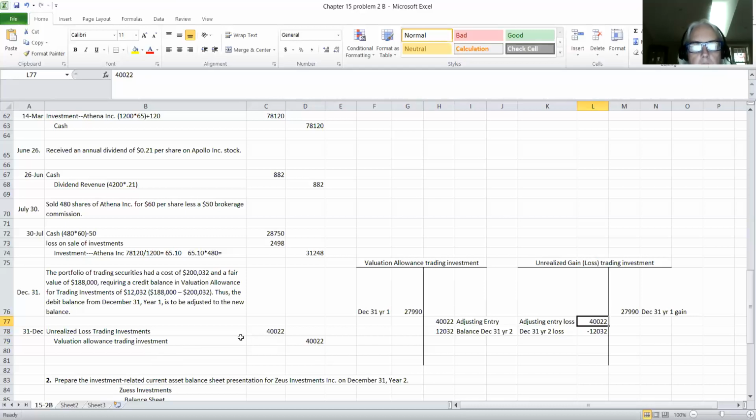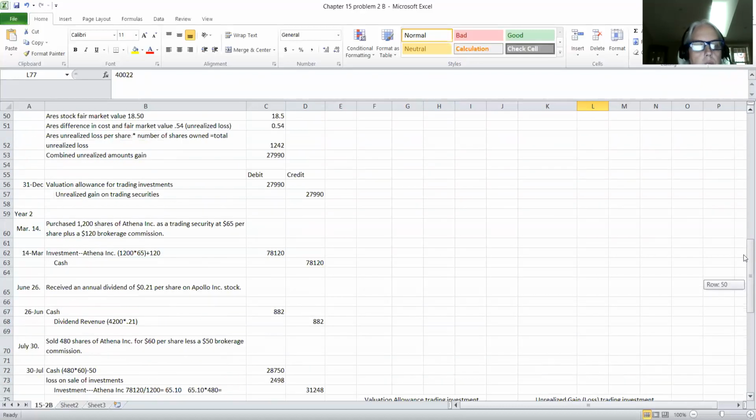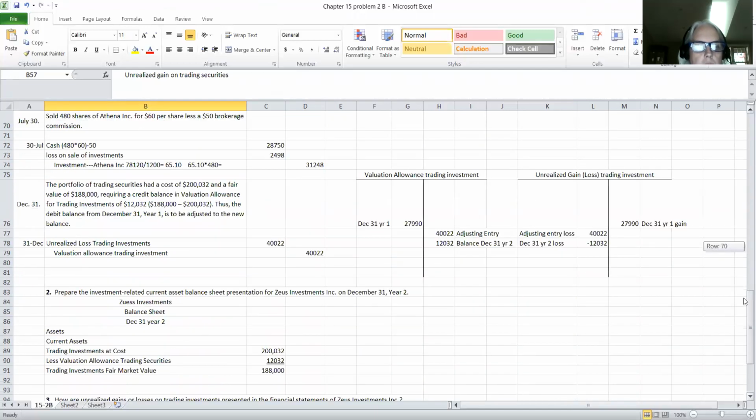This is exactly opposite of what happened last year, because last year at December 31st, we had a fair market value that was higher than the cost of our investments. So we would have reflected a gain. You might notice that these accounts are reversed out. Last year, our gain was credited. This year, our loss has to be debited.